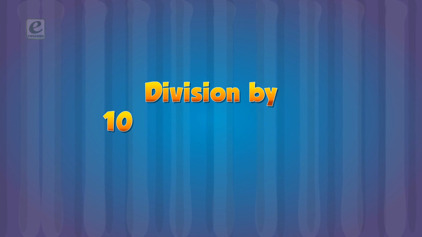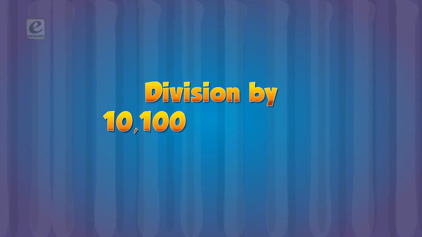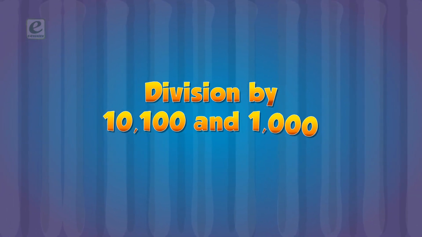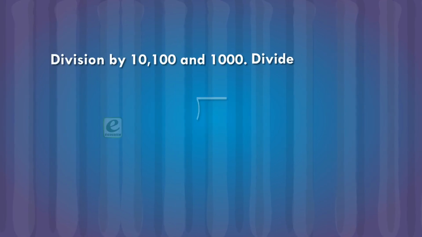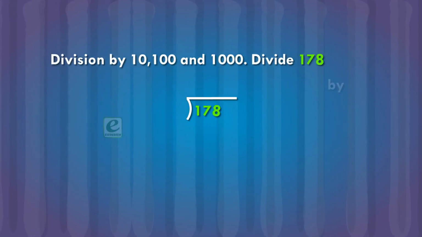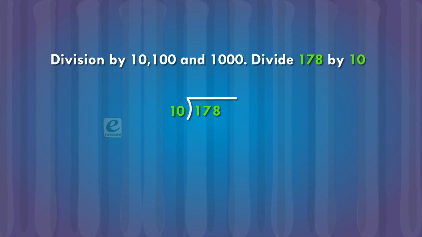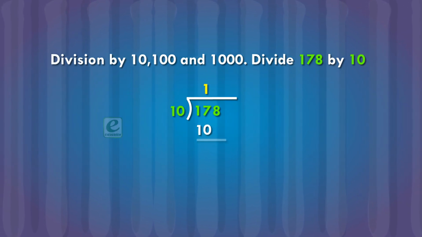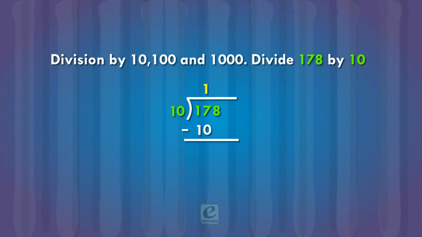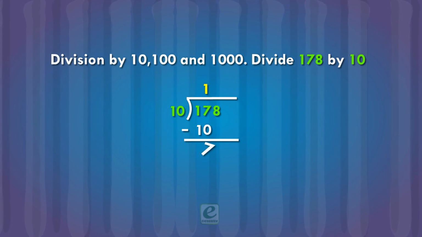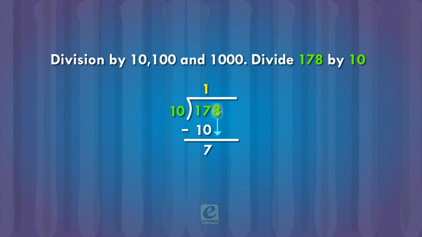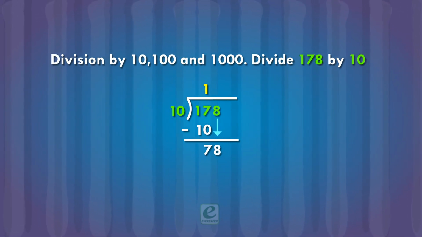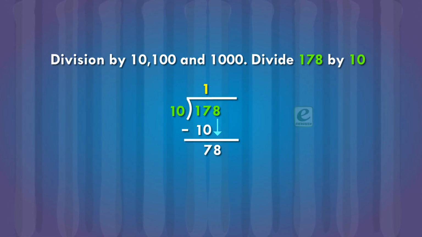Division by 10, 100 and 1000. Divide 178 by 10. 10 ones are 10. 17 minus 10 is equal to 7. Now, bring down 8 and pair it with 7.